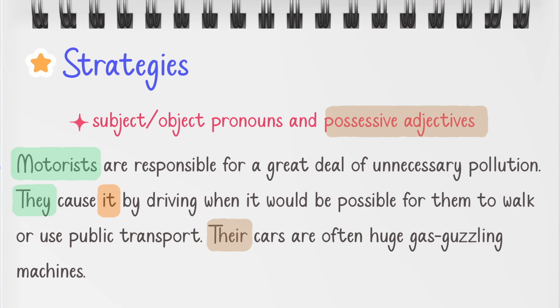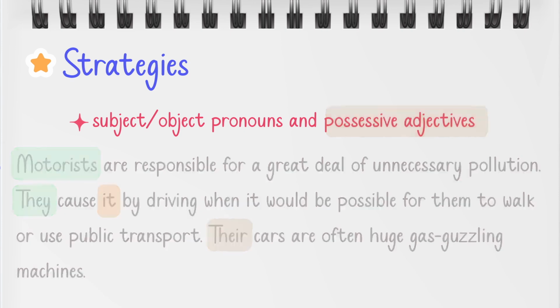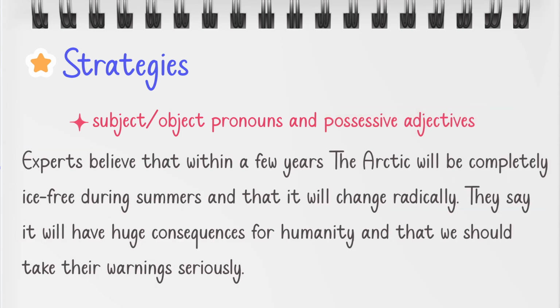Now, let's take a look at another example in which we use subject, object pronouns, and possessive adjectives. Experts believe that within a few years, the Arctic will be completely ice-free during summers, and that it will change radically. This is the pronoun that I use here.